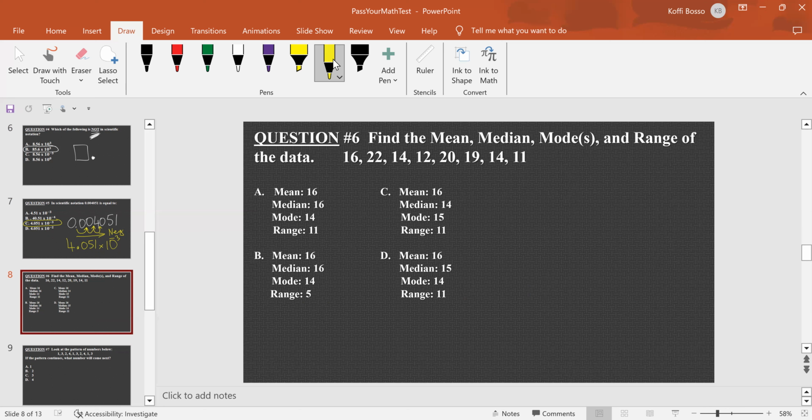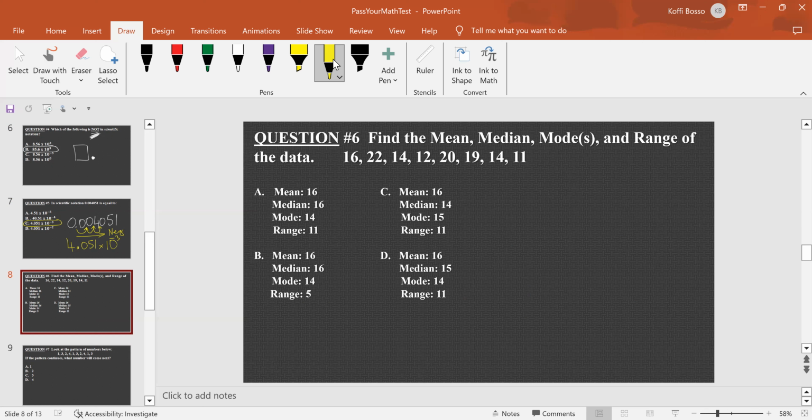If you check choices A, B, C, and D, all of them have the same value, 16, 16, 16, 16. So to save time, if we have a question like this in the test, you don't need to calculate the mean, because you have to focus on the other thing which will make the difference.